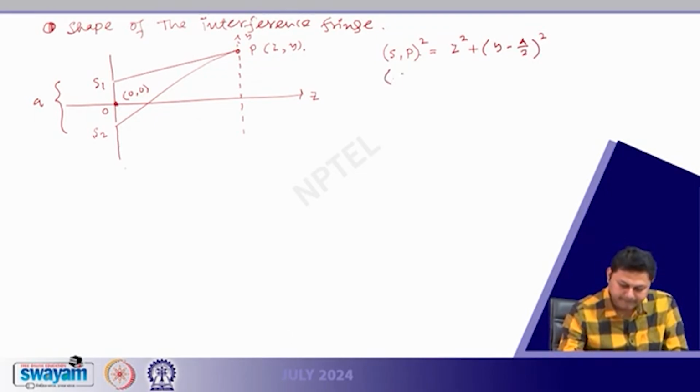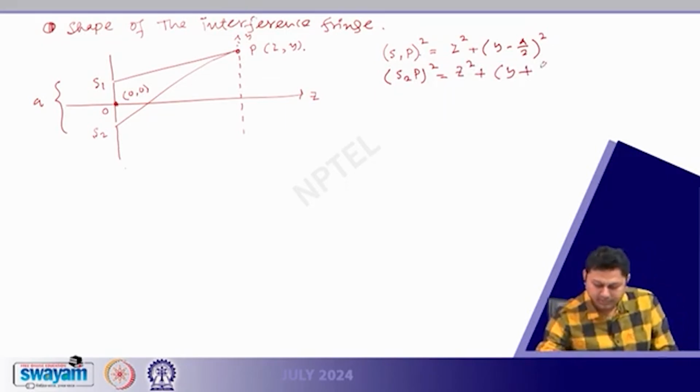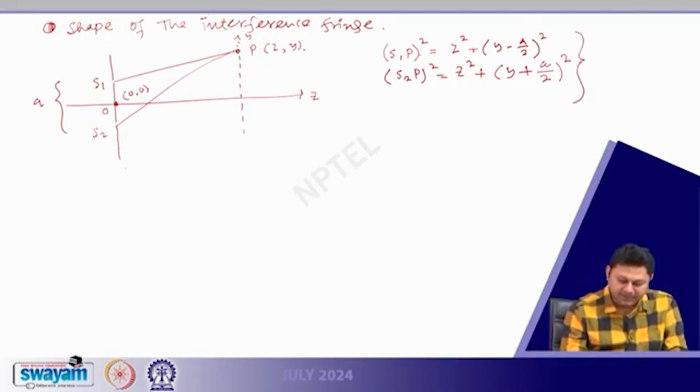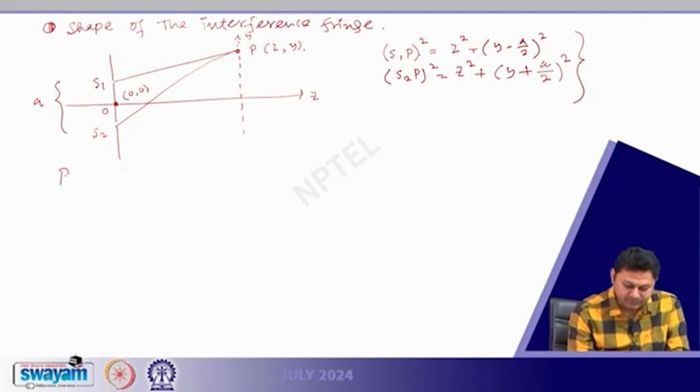Similarly, S2P square is Z square plus (Y plus a by 2) square. Now the path difference comes out to be delta equal to S2P minus S1P.